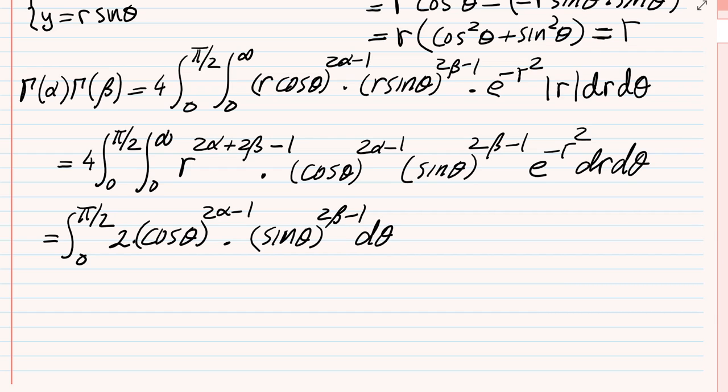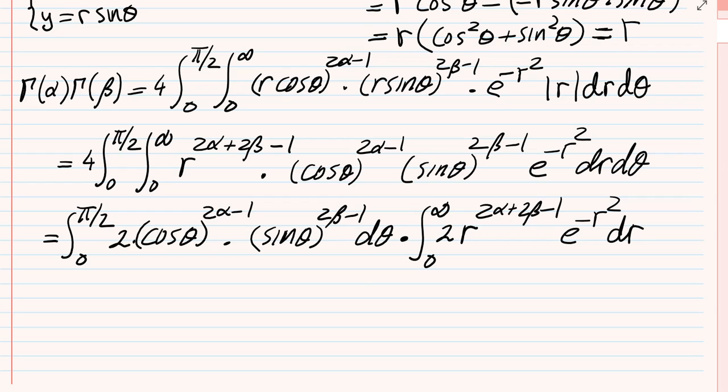So I have all my trig functions together, times the integral from 0 to infinity of 2 times r to the power of 2 alpha plus 2 beta minus 1 times e to the negative r squared, and then dr.